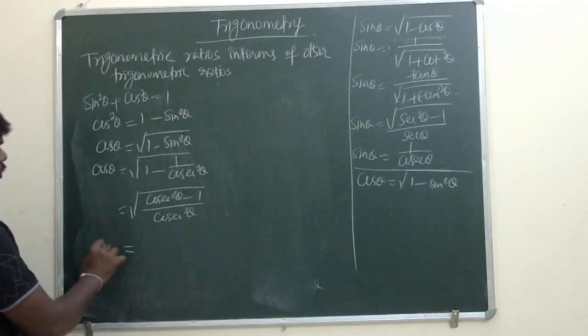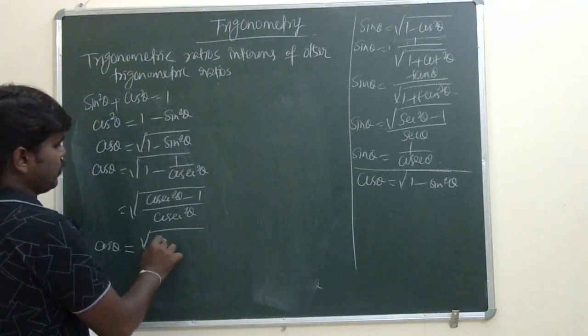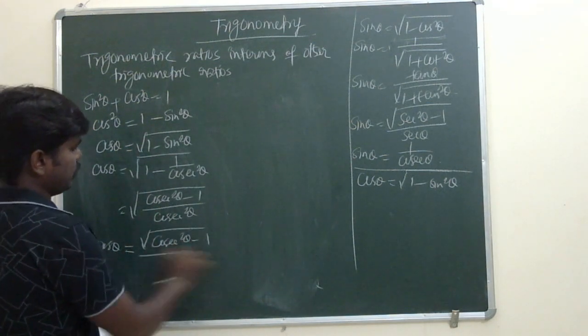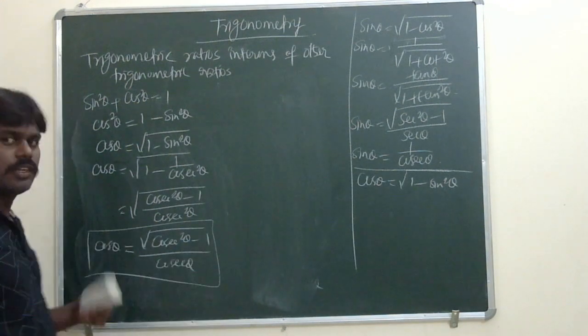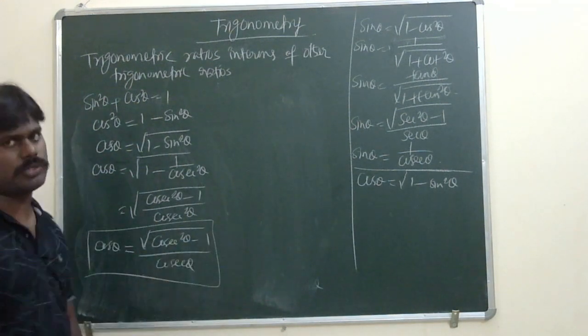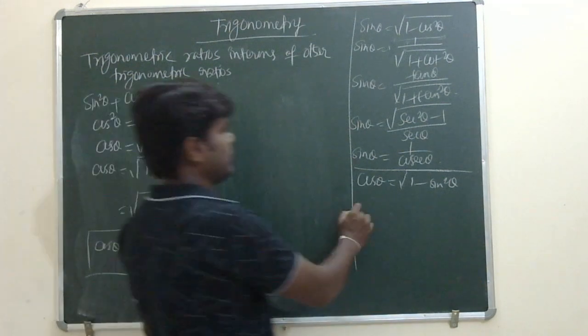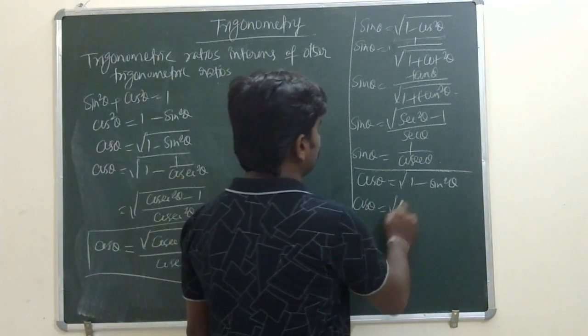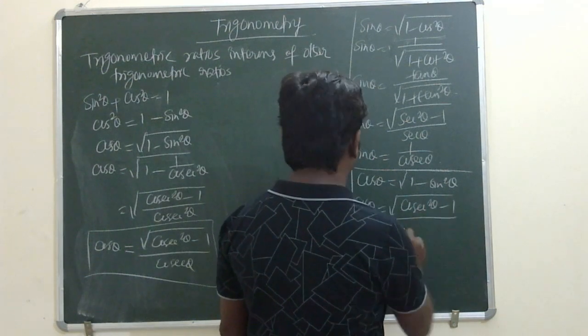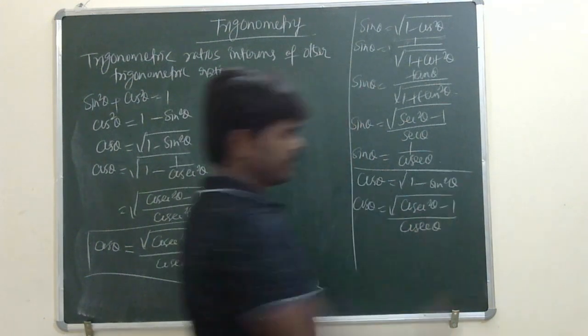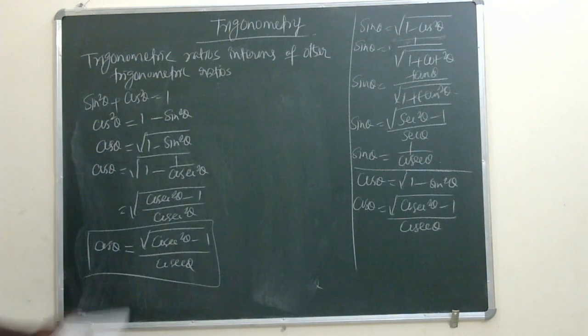So cos theta is equal to square root of cosecant square theta minus 1 divided by cosecant theta. This is the expression of cos theta in terms of cosecant theta. Very simple.